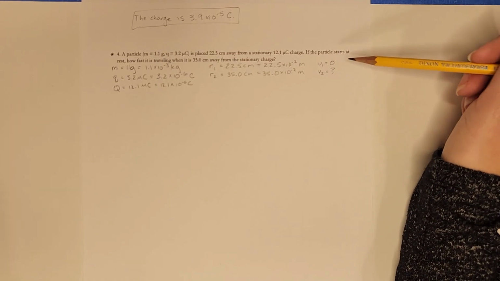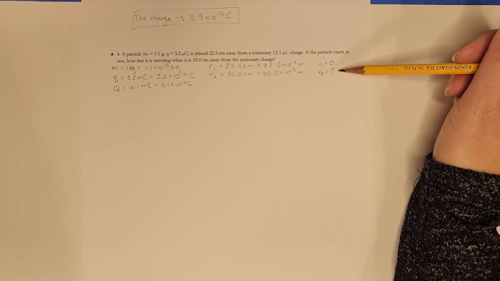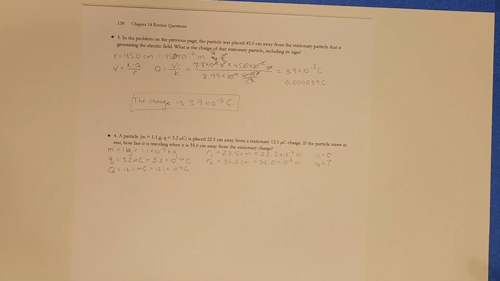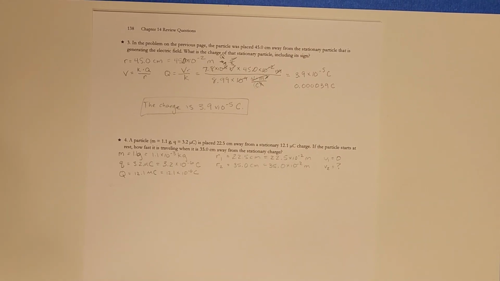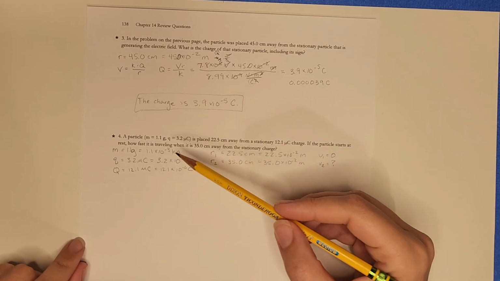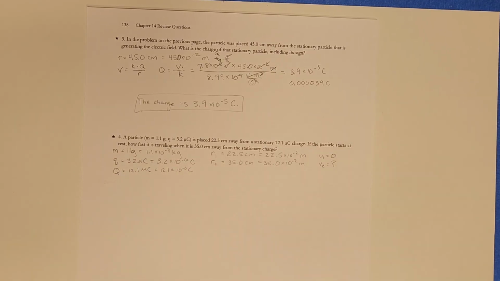And that's the only way we can do this here, because all the energy is potential energy. We're going to lose it and then gain kinetic energy. And once we have the kinetic energy, we can use that and the mass to determine our velocity at the end. So let's get started on that.